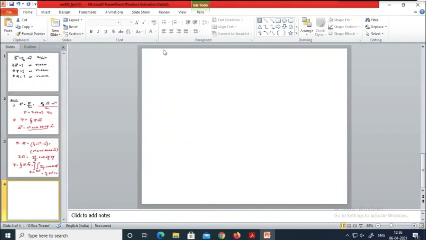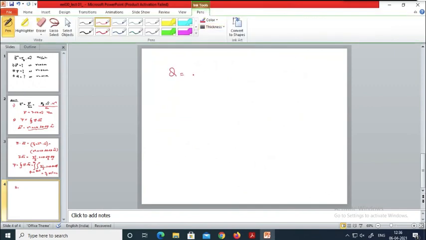So if you know Q, 4 by 3 pi r cube, you can find Q at r is equal to 0.2, and also you can find Q at r is equal to 0.3.